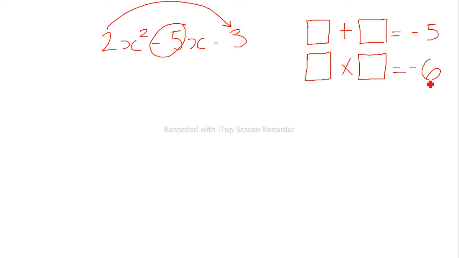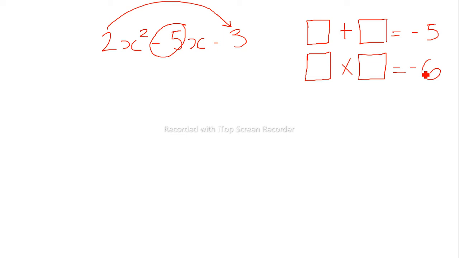3 and 2? Well, 3 plus 2 is 5, not negative 5. Negative 3 and negative 2? Negative 3 plus negative 2 is negative 5, but negative 3 times negative 2 is positive 6.